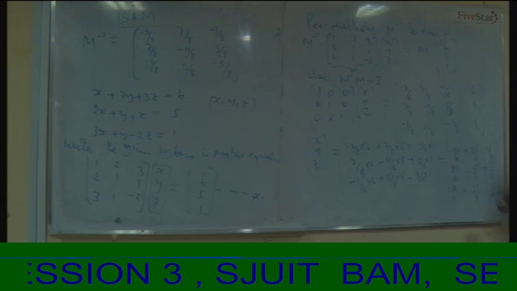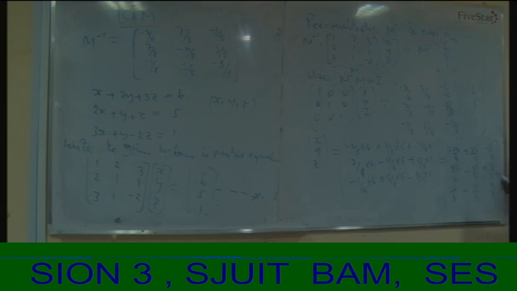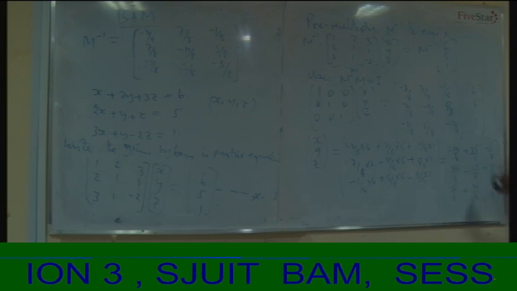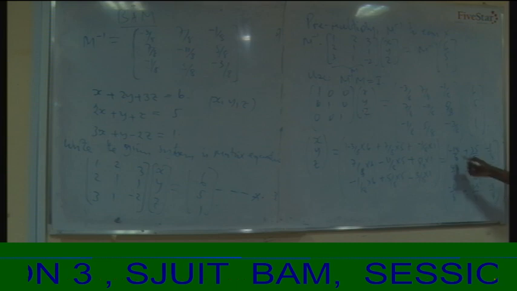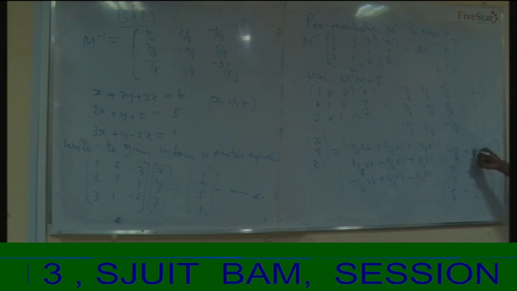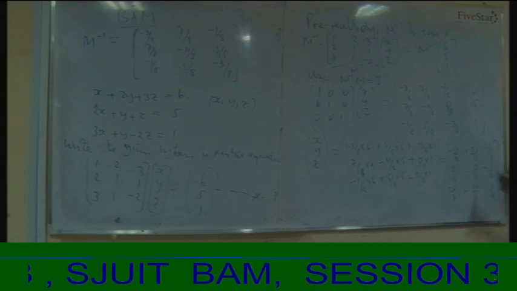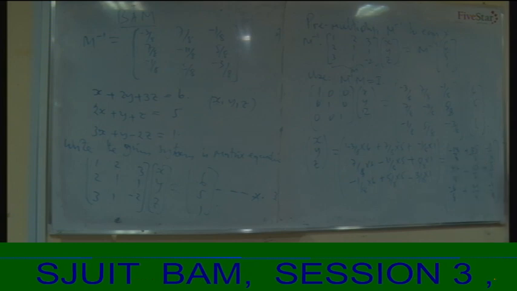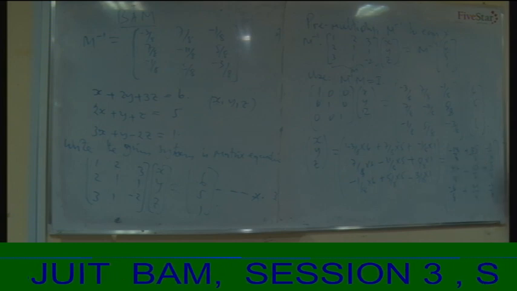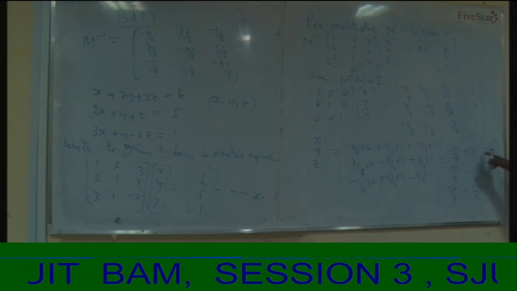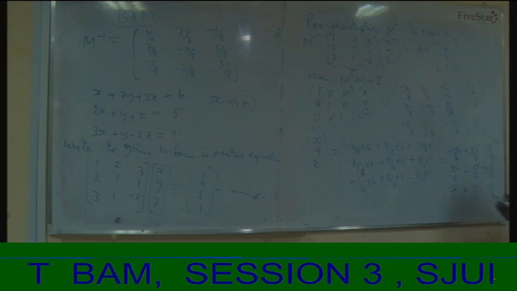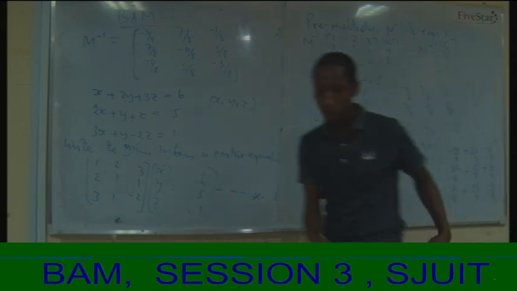Just add and subtract the fractions. Because the denominators are the same, we can just add and subtract. Negative 18 plus 35 is 17. 17 minus 1 is 16. So we get 16 over 8 for the first one.